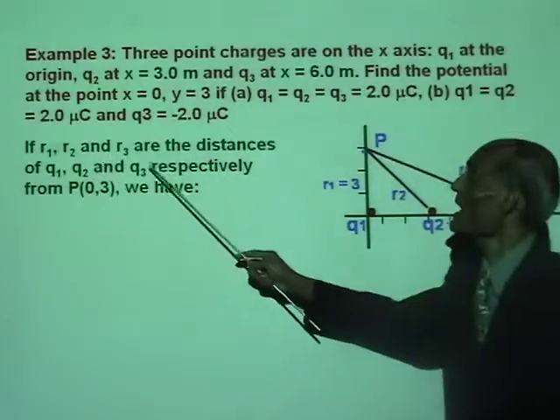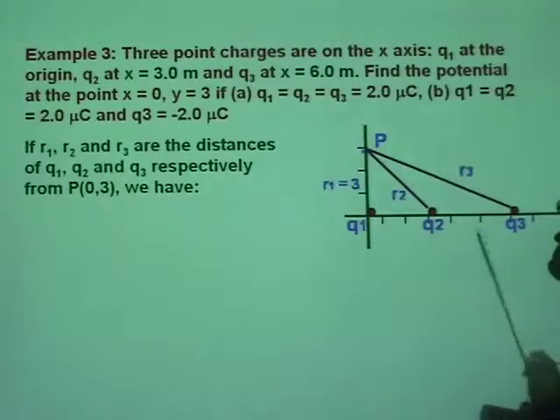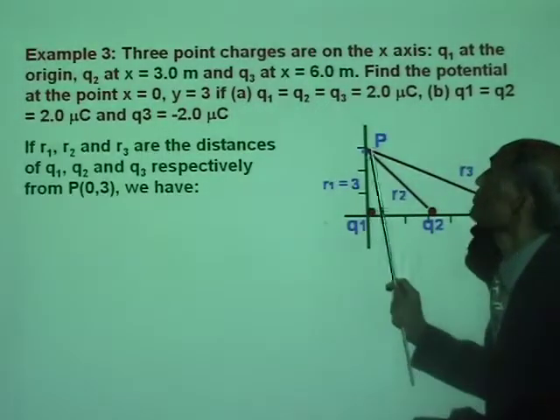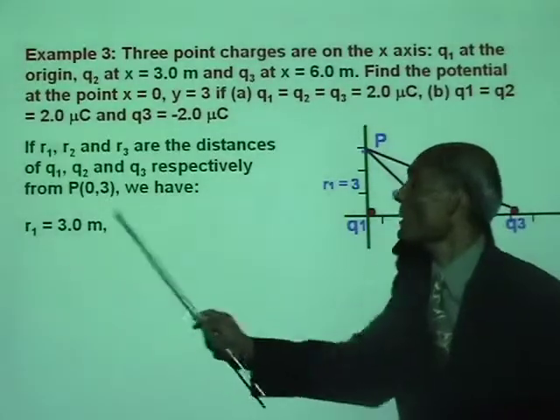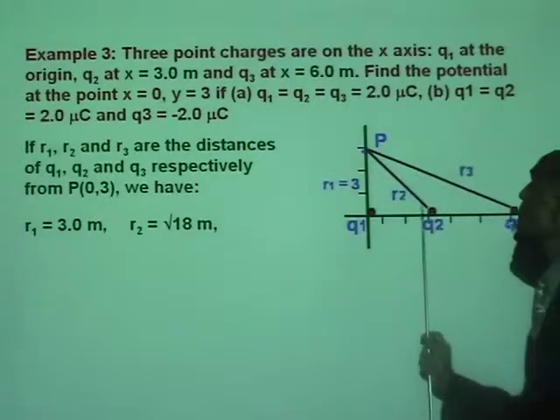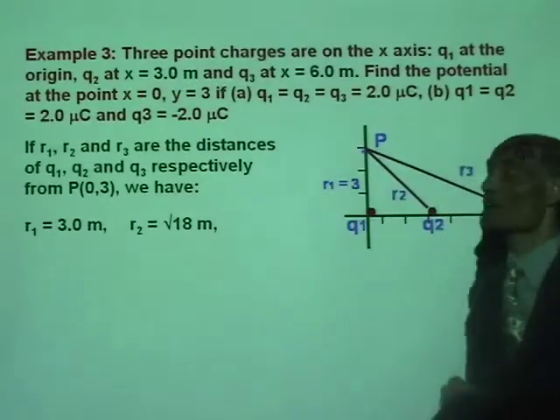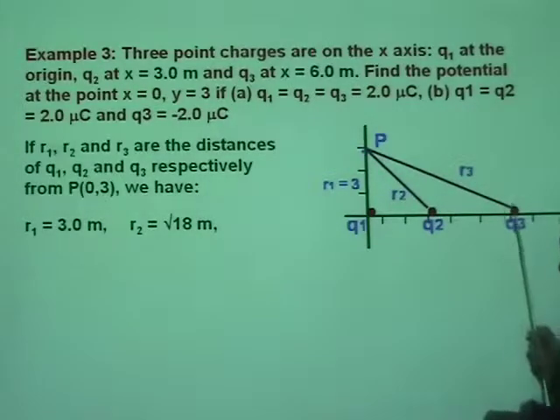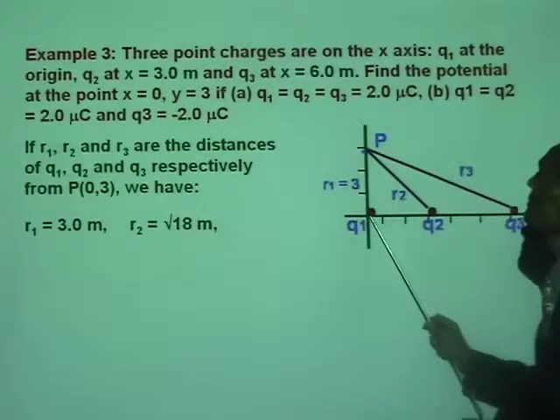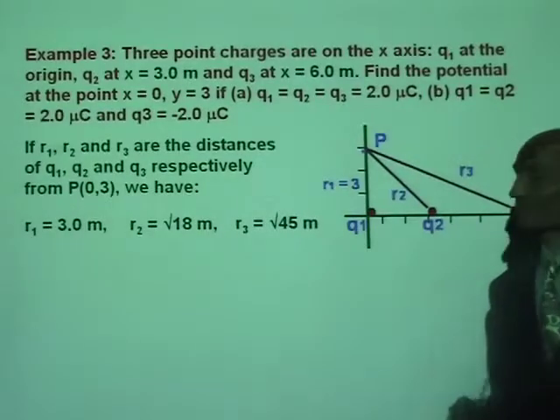So if R1, R2, R3 are the distances of Q1, Q2 and Q3 respectively from the point 0, 3, then we have R1 equal to 3 meter, R2 equal to square root of 3 squared plus 3 squared, that is square root of 18 meter, and R3 equal to square root of 6 squared plus 3 squared, that is square root of 45 meter.